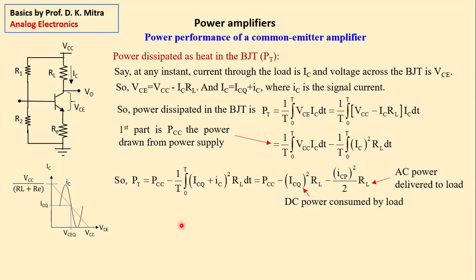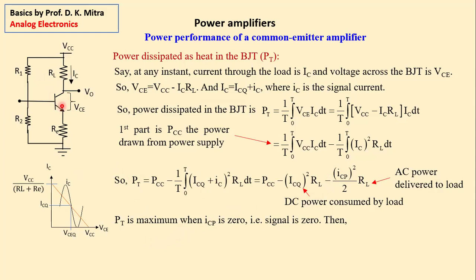RE is totally ignored, right? So when is power dissipated in the transistor maximum? It is when the signal is zero because there is a negative sign. This is very surprising. That means when signal is zero, then power dissipated in the transistor is maximum.